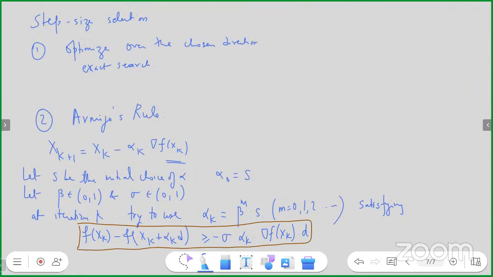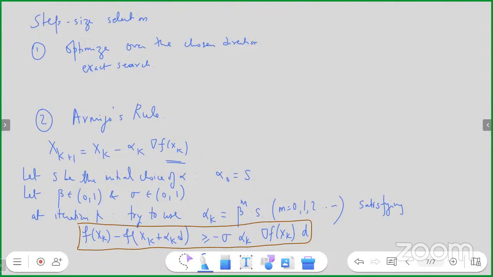I want to ensure that my decrease is at least so much. That's what this condition means. See, this is smaller, that's why the negative. Sigma is a constant, alpha_k is my choice, d is just a direction. You can plug in d equal to minus the gradient of f at x_k if you want. I'm just giving a more general answer.